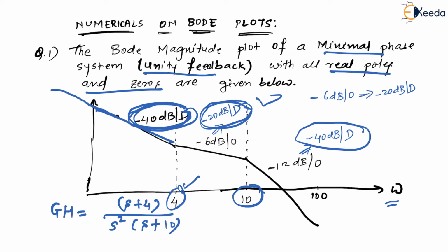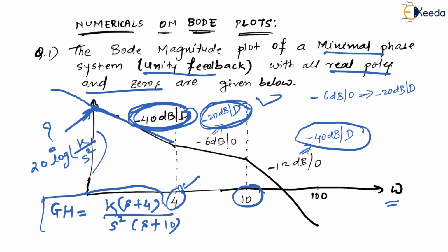And since the initial starting point has not been given, we have to write K, because we don't know the starting point value. If for example this starting point was given, then it was easy to find out K, because you know that the starting point is nothing but 20 log of K upon s squared. Very simple, right? So this becomes your GH.